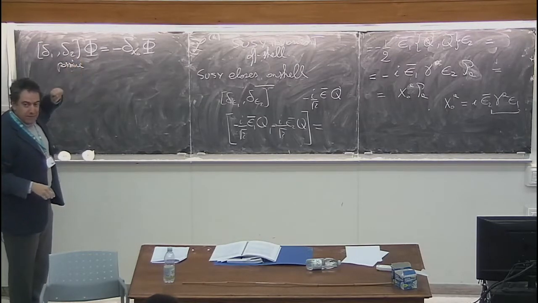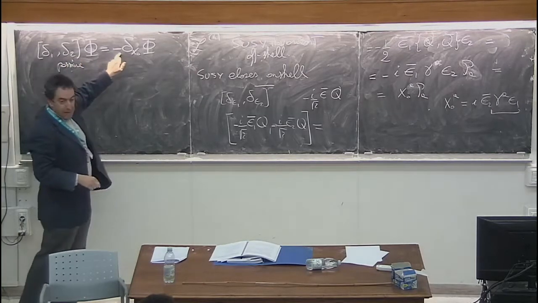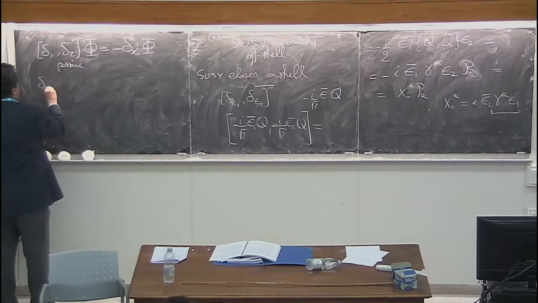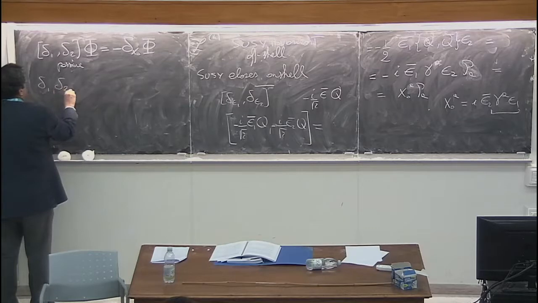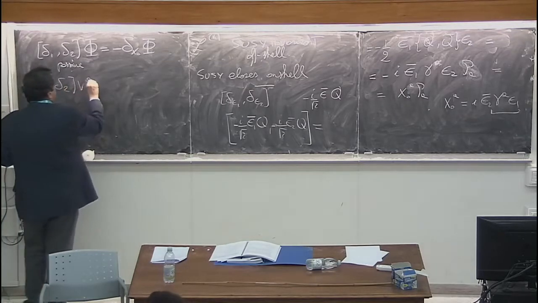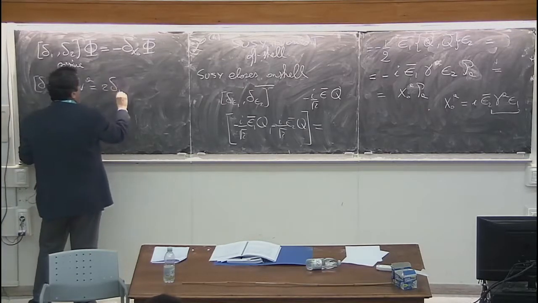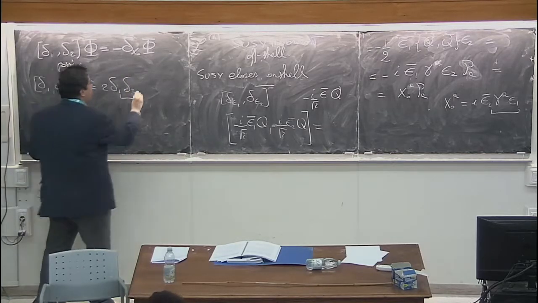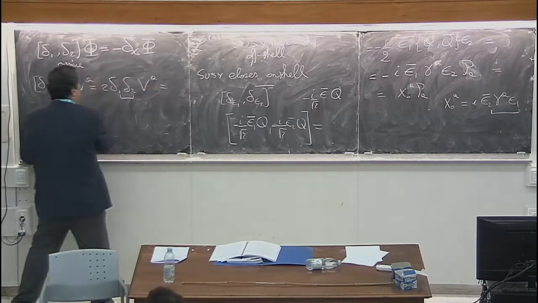Remember what we said at the beginning, we expect to find a minus here. So let us compute this commutator on VA, that is equal to twice delta 1, delta 2, anti-symmetrized in 1, 2, times VA.